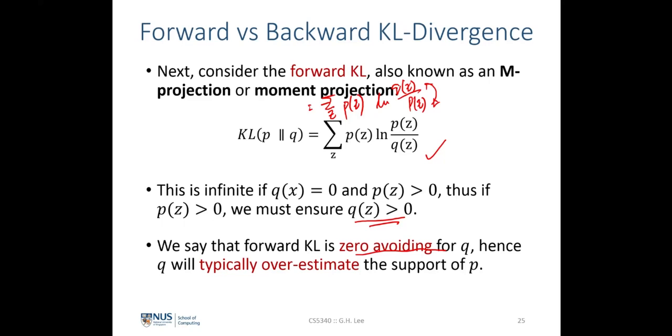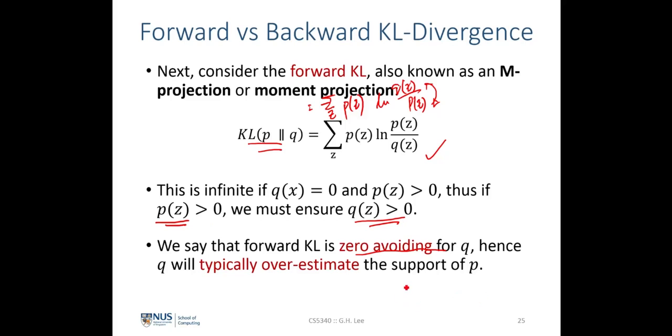What this means is that for the regions where the probability distribution P of Z, which is our target distribution, is more than 0, then as a result of minimizing this forward KL divergence, we will end up with the proposal distribution Q of Z which is also going to be more than 0 in the region where the target distribution is more than 0.